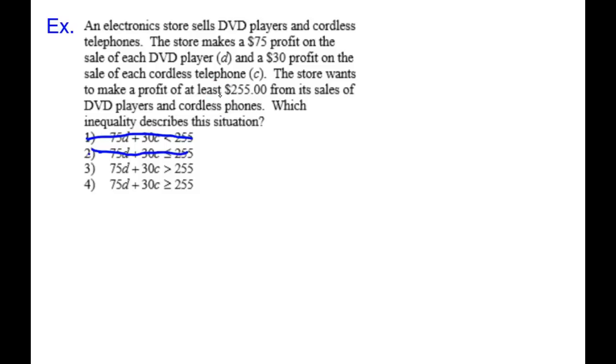That's just the bare minimum profit we want to make. So the correct equation in this case is going to be equation 4. 75D, so $75 per DVD player, plus $30 per cordless telephone. Those total sales must be greater than or equal to $255.